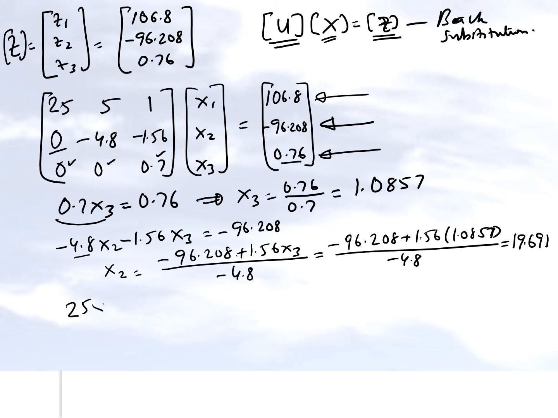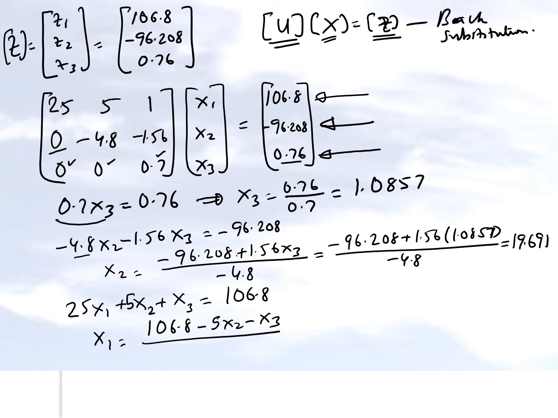So let's go and see what we get from the first equation, which is right here, which will have all the unknowns. But at the same time, we already know that we have found the other unknowns except for x1. So I'll write down the equation in terms of x1, because that's the only unknown.